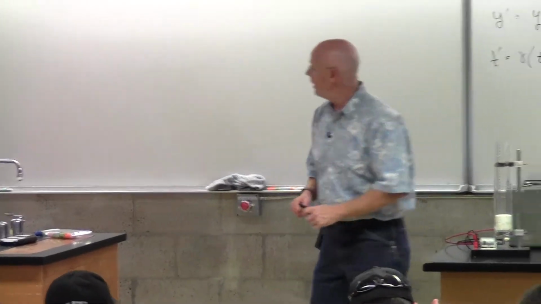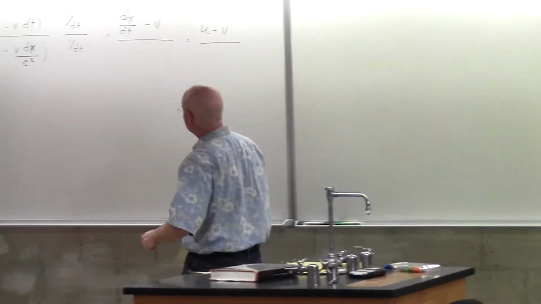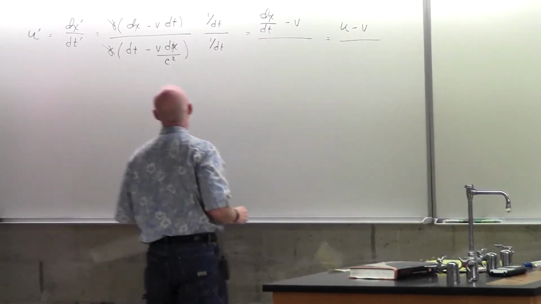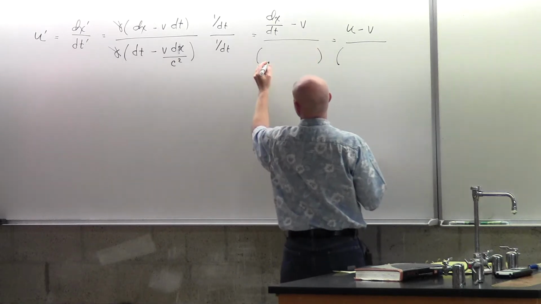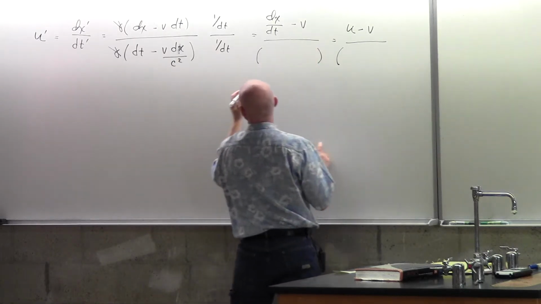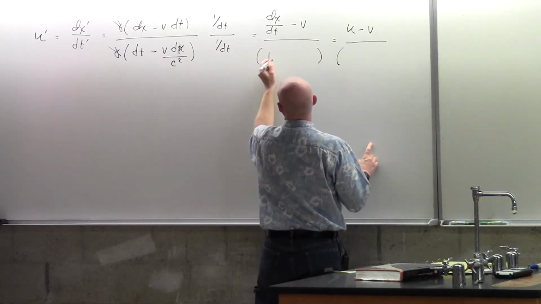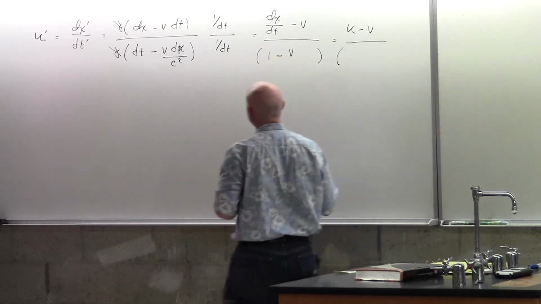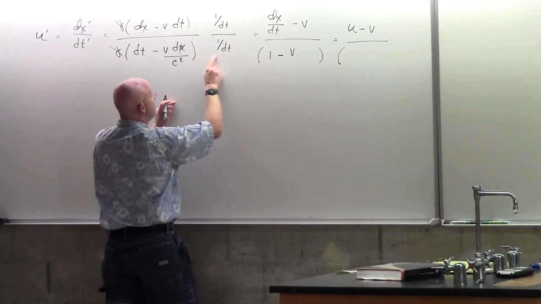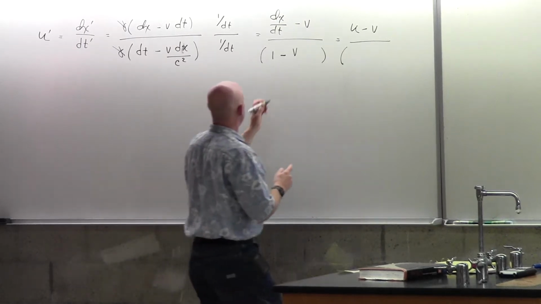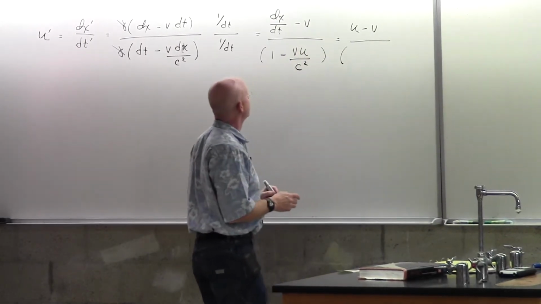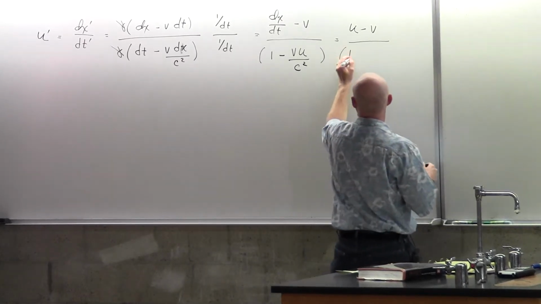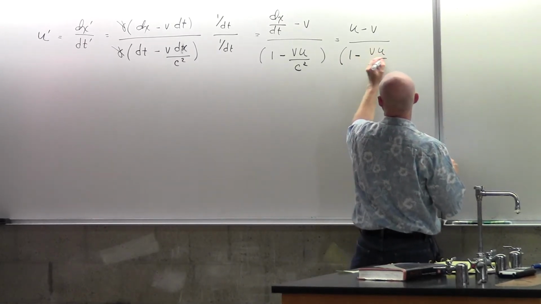And so we are going to see what? Well, here is a 1 over dt. That is a 1 minus v. And what would this be? dx dt. That's the u over c squared. And I guess there's no real change I need to make.